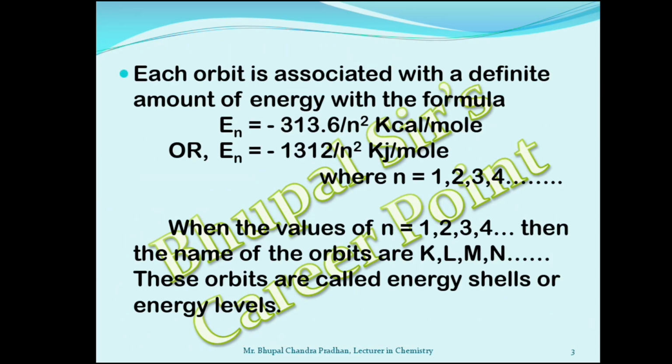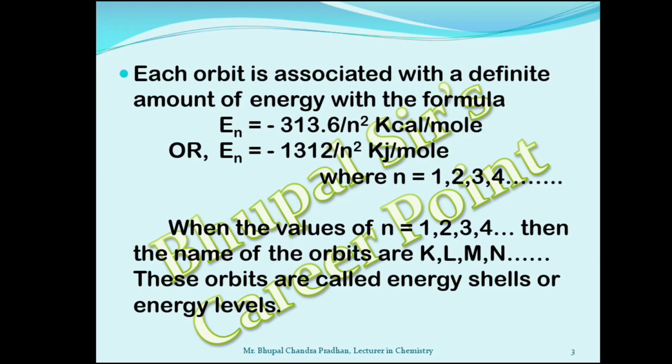Each orbit is associated with a definite amount of energy, with the formula En is equal to minus 313.6 by n square kilocalorie per mole, or En is equal to minus 1312 by n square kilojoule per mole, where n is equal to 1, 2, 3, 4 and so on.